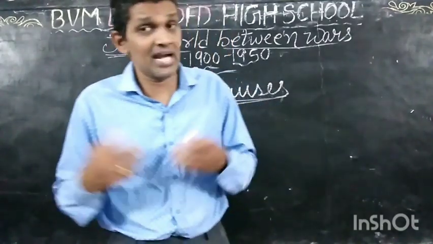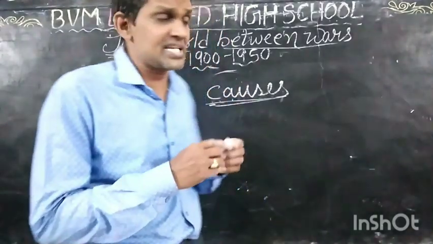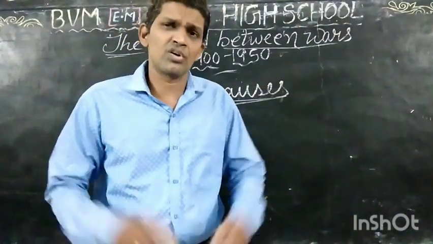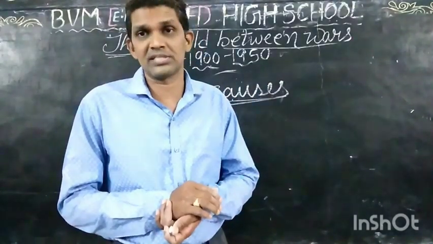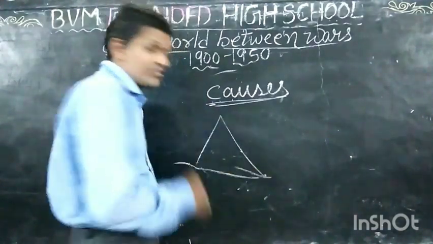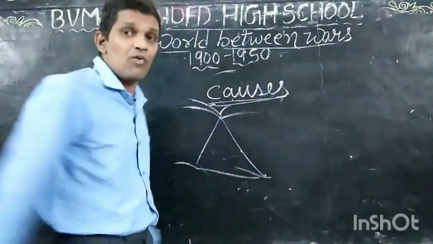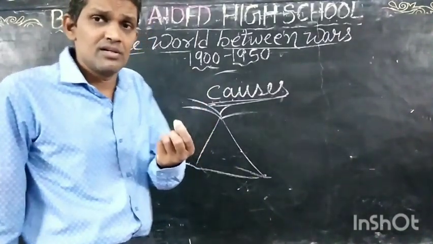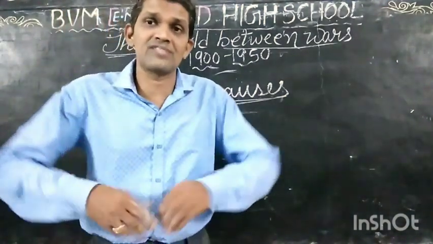At the same time, we find some dissimilarities also. Before that, we should understand the causes of the First World War and Second World War. When you talk about causes, there may be two different types of causes. For example, if you see a volcano, we find lava erupting out of it. You may find a small reason for the eruption: a gap formed on the top of the mountain, and that is why the lava came out.